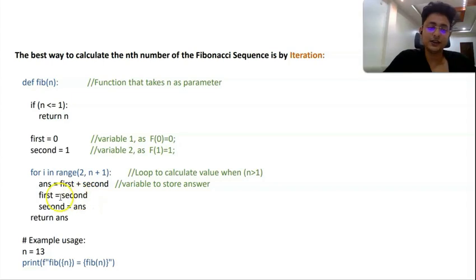Once we update it, we keep on updating while going through the range. While moving forward, we'll finally get the answer for the nth term, which will be returned as the answer. So we return this answer, print it, and we'll get the result.